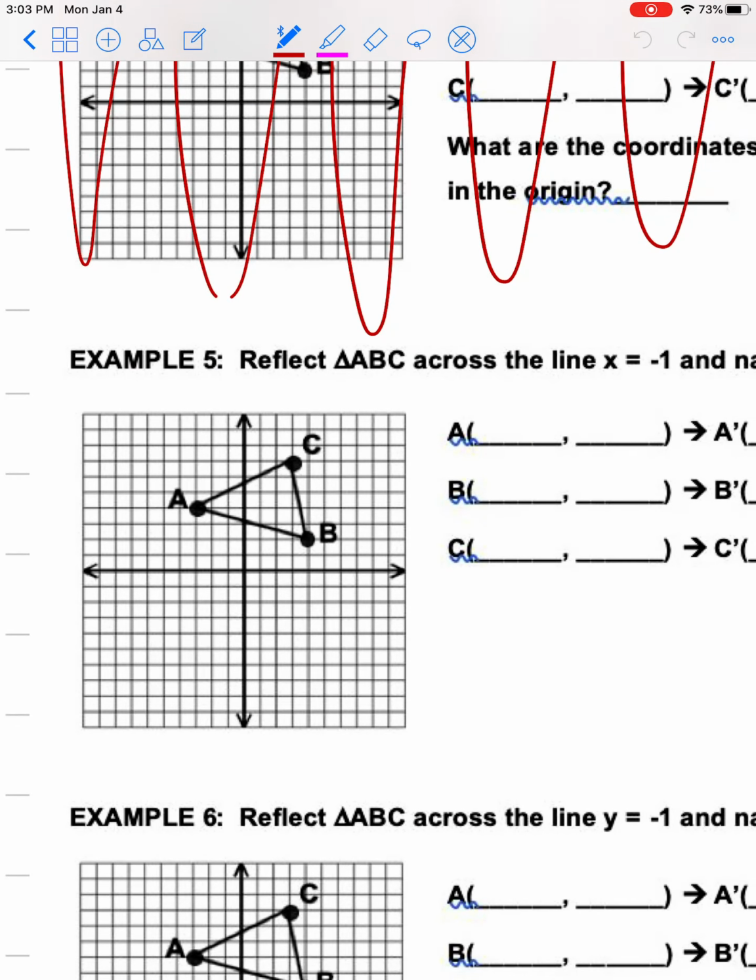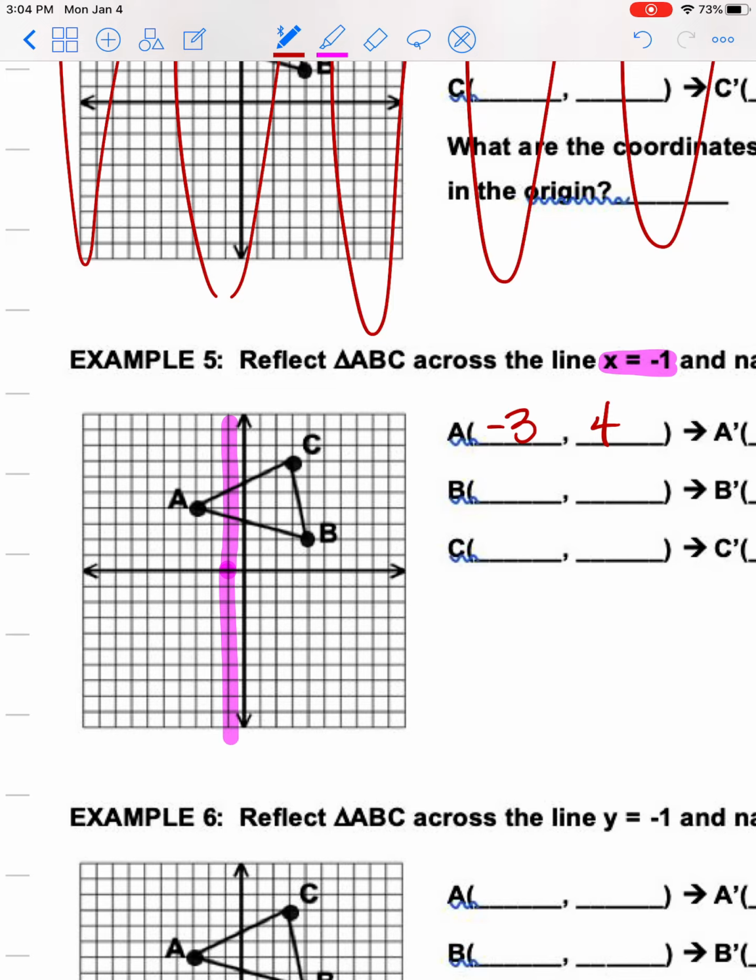So our line of reflection, if you pay attention here, is x equals negative 1. So I'm going to go to negative 1 on the x-axis, so right there, and I'm going to draw my line off of that. Okay, so that's the line we're going across. So I see here that point A is at negative 3, 4.